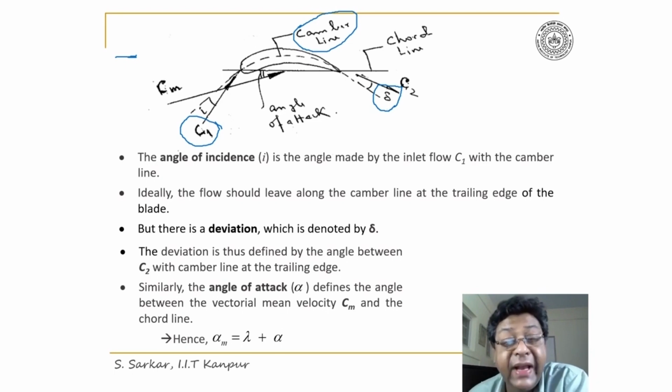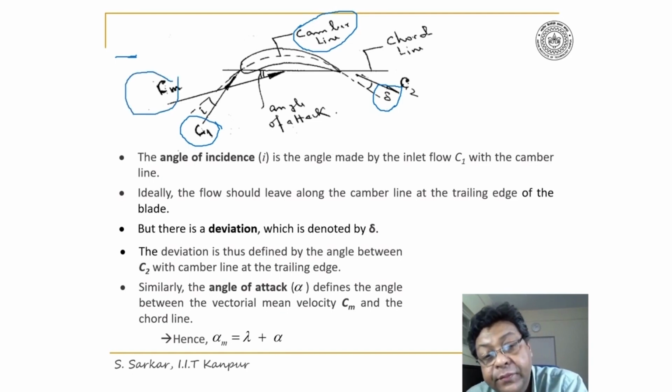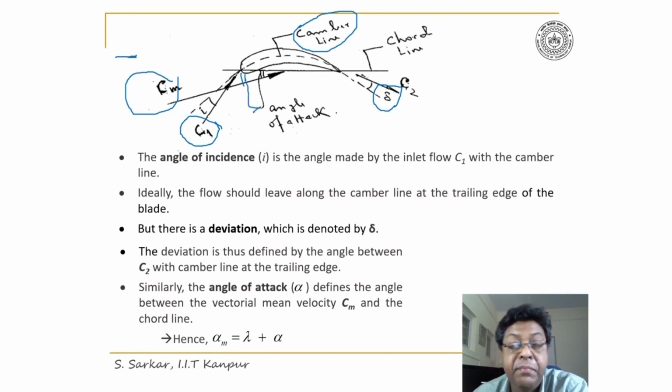Now, what is angle of attack? Angle of attack is the angle between the vectorial mean velocity Cm and the chord line. So look, this is the chord line and this is the Cm. So this angle is nothing but angle of attack, and angle of attack is denoted here by alpha.